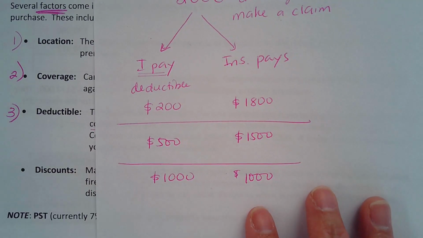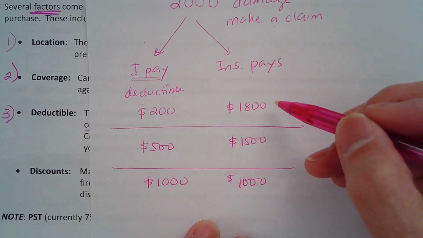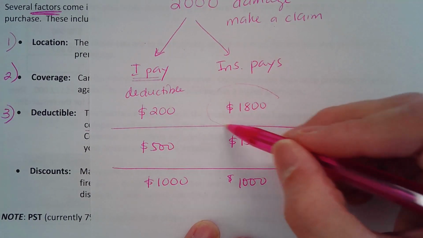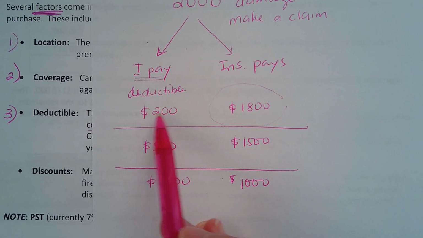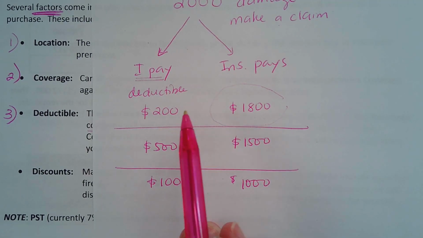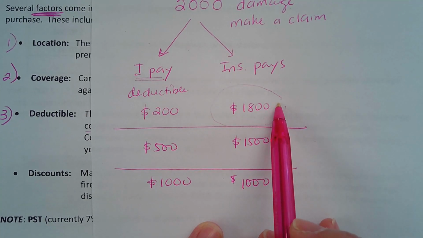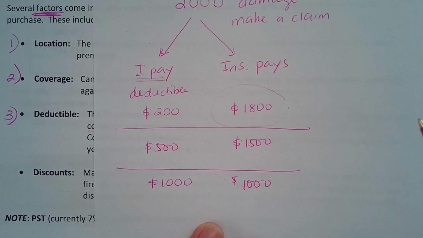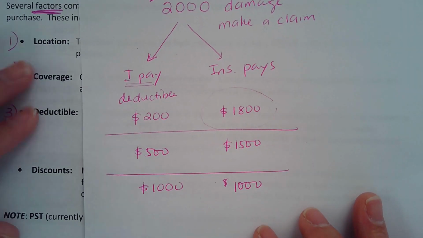So as you can see, it costs more money for the insurance if my deductible is low. That's why a low deductible costs more, because the insurance pays more money if there's a claim. Is that okay? Low deductible, high insurance premium.